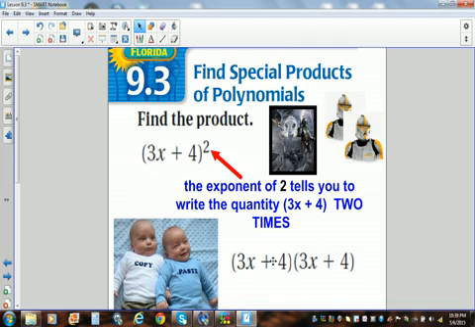So we really have 3x plus 4, parentheses, times, parentheses, 3x plus 4. Take the expression. If it's to the second power, write the expression 2 times. So it's almost like you are cloning the expression.